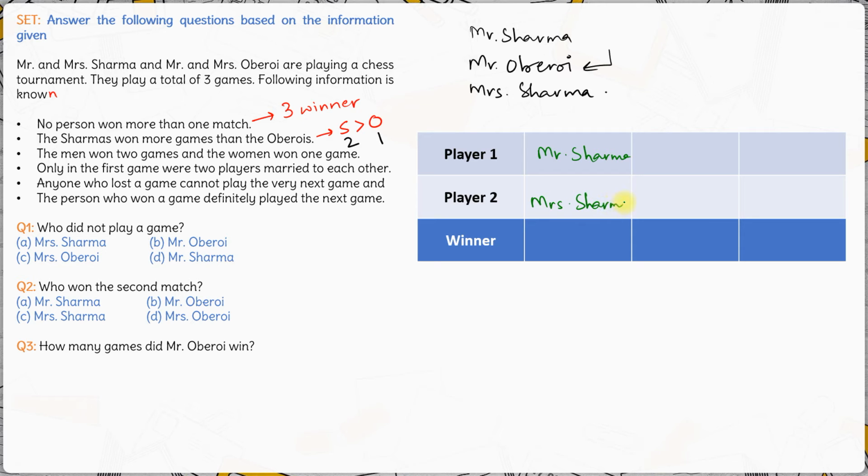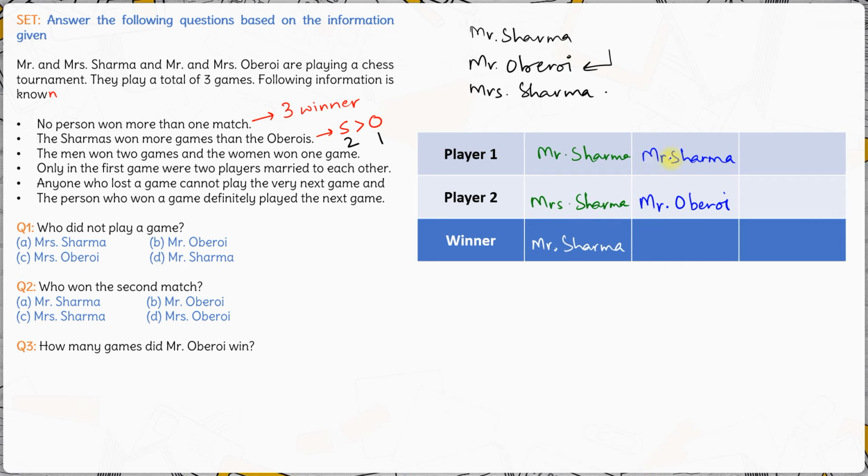Okay, fine. Now let's assume that Mr. Sharma wins the match here. If Mr. Sharma wins, he will advance to the next round, and the next player will have to be Mr. Oberoi, because if this were Mrs. Oberoi, she would have to win the match.